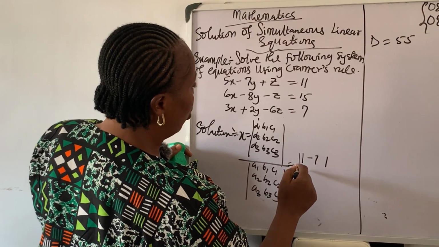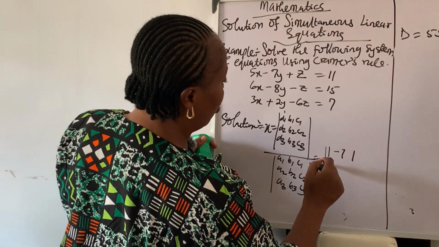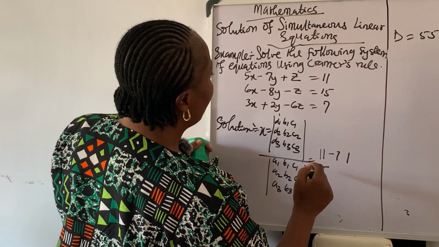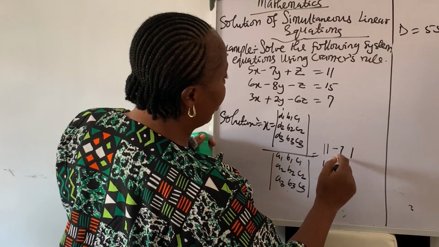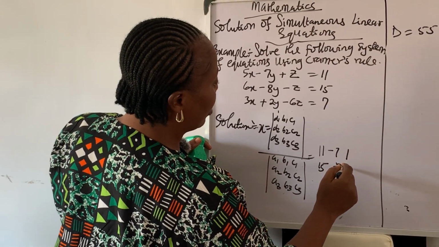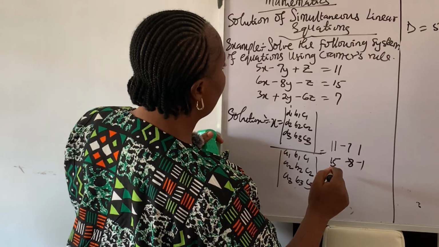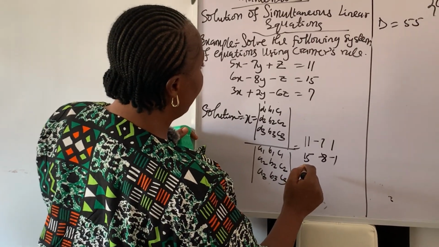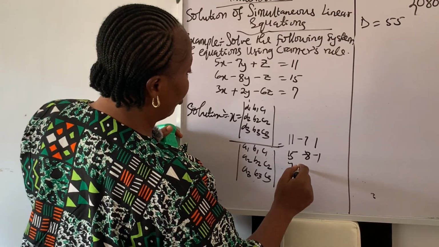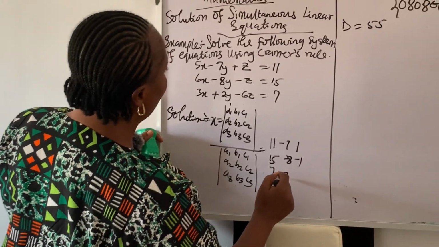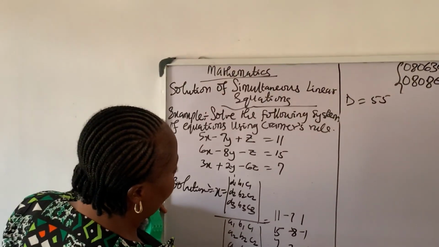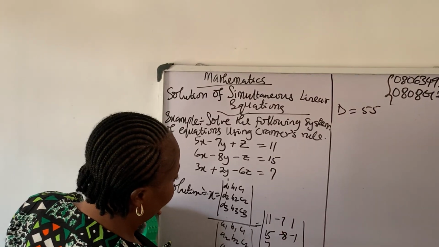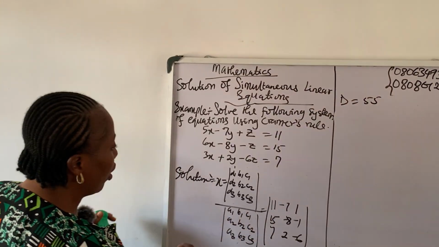Again, D2 is 15, B2 is minus 8, C2 is minus 1, D3 is 7, B3 is 2, and C3 is minus 6. We have gotten the structure.